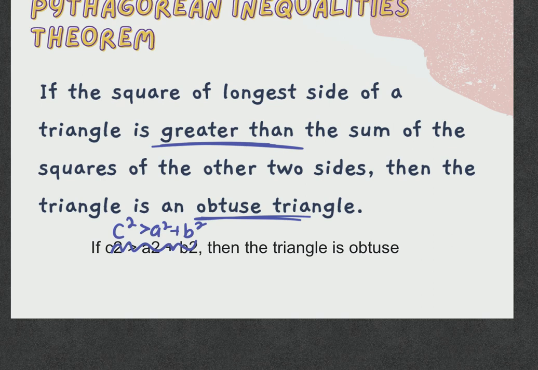So if you put c first, when you write this out, instead of doing a squared and then b squared and then c squared, if you put c first, I think it's the easiest way to remember. Less than would be small, so it's acute. Greater than, bigger, it's obtuse. If you switch the order, then it gets confusing.